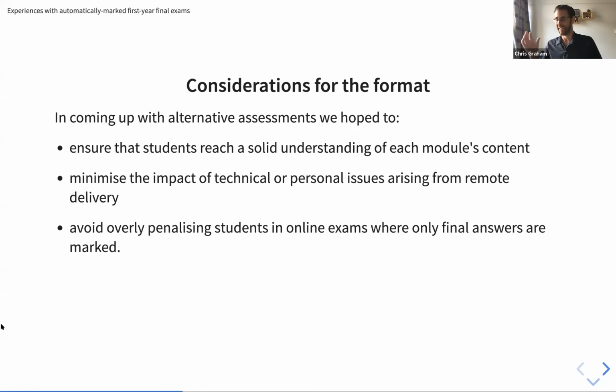We've seen some of the strange things that can happen with technology from George's talk. So we want to minimize the impact of technical difficulties and also personal issues that students might have arising from the remote delivery of the assessments. So we're thinking about trying to be quite flexible in that sense.